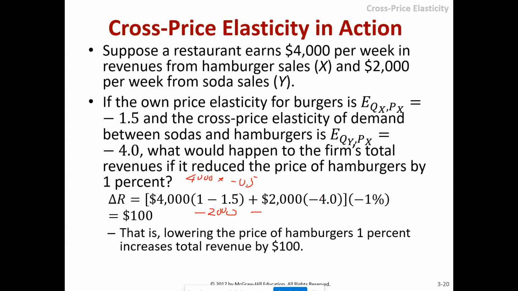Plus, there's a negative sign, so it's negative 2,000 multiplied by 4, which is 8,000.